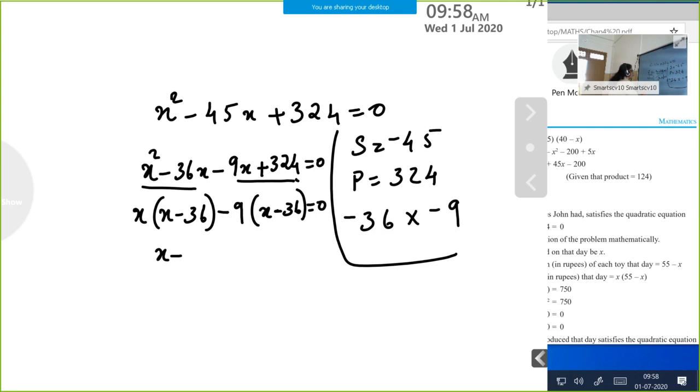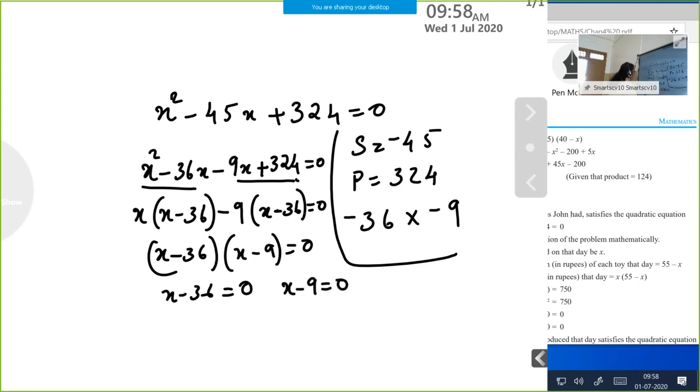That is x minus 36 into x minus 9 is equal to 0. That means x minus 36 is equal to 0 and x minus 9 is equal to 0. That means x is equal to 36 and x is equal to 9. We have two roots, x is equal to 36 and x is equal to 9.